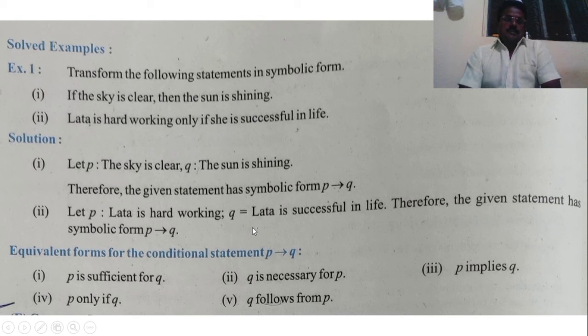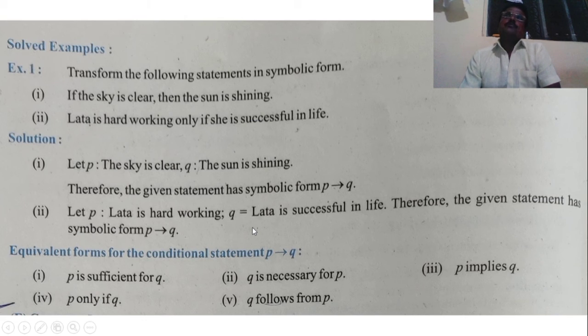First, let P be the first simple statement of this compound statement: the sky is clear. Q, the second simple statement, is: the sun is shining.